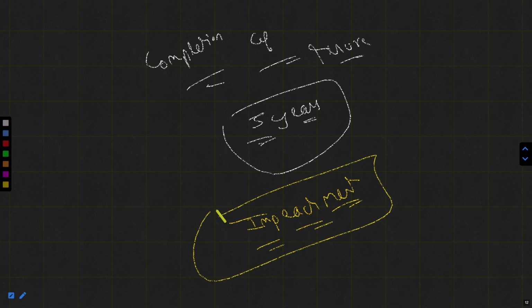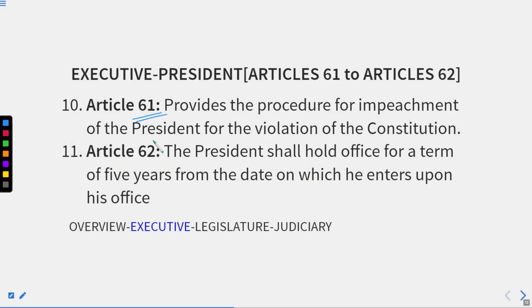Impeachment is the only way to remove the president from his office. So this is Article 61. Okay, Article 62: the president shall hold office for a term of 5 years from the date on which he enters upon his office. Got it? So here we have finished the president part.